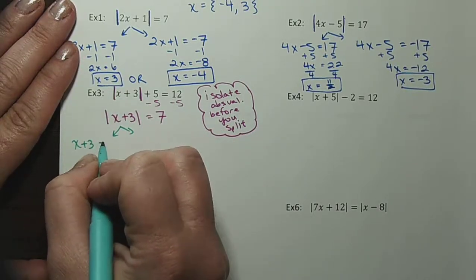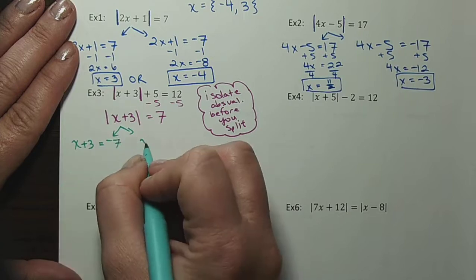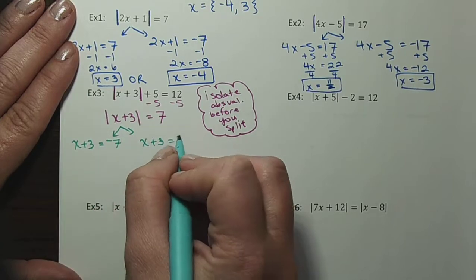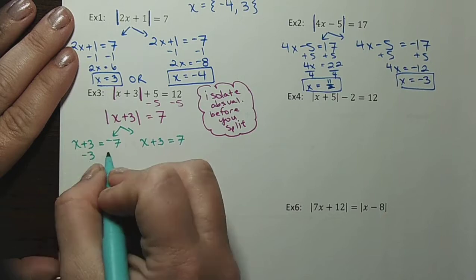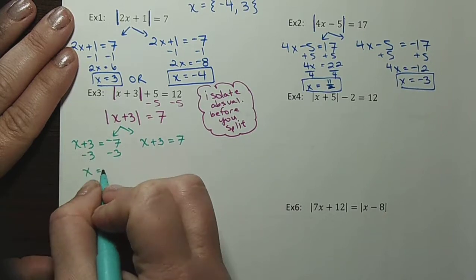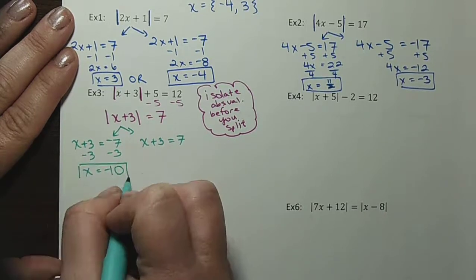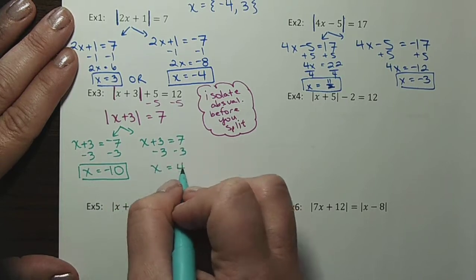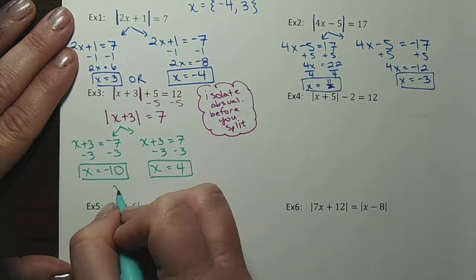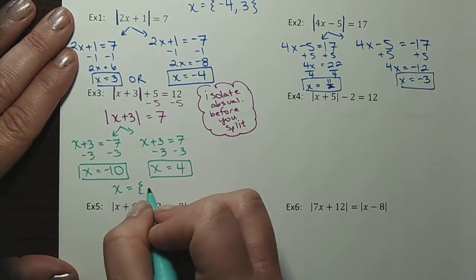So x plus 3 could equal negative 7, or x plus 3 could equal positive 7. Doing that will make sure you don't misuse that 5. So we're going to move that 3, x equals negative 10 for one answer, or we move the 3 and x could equal 4. And again, on your homework, it's going to have those curly brackets.